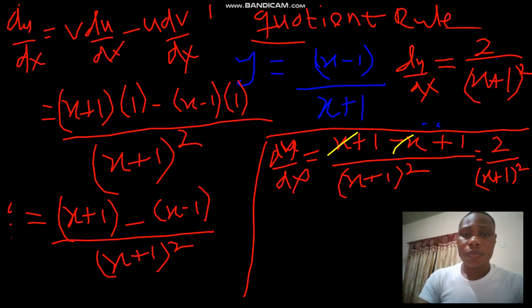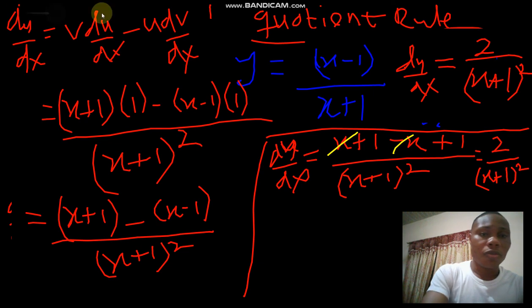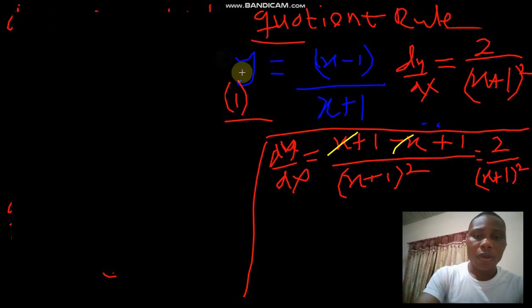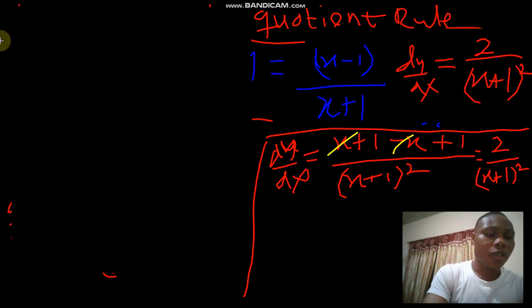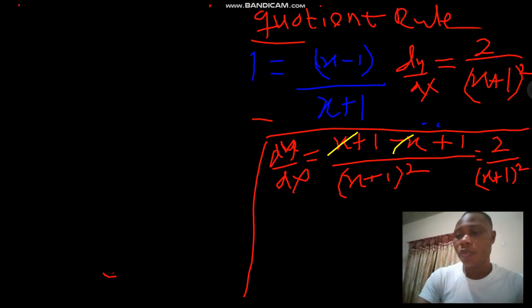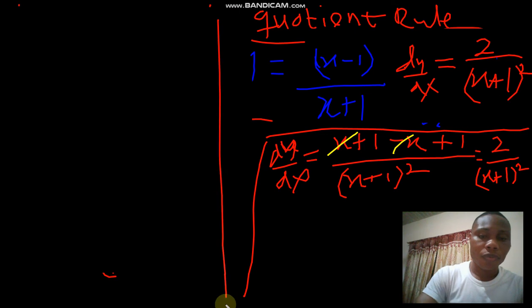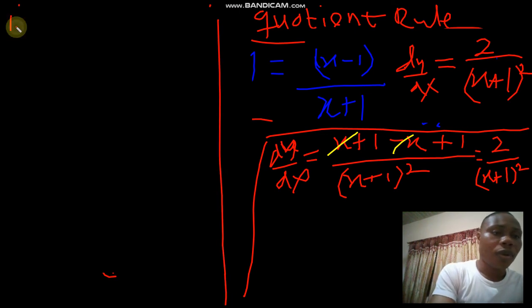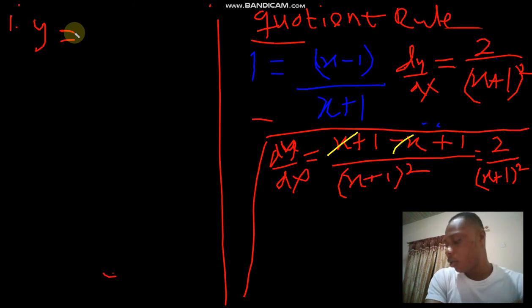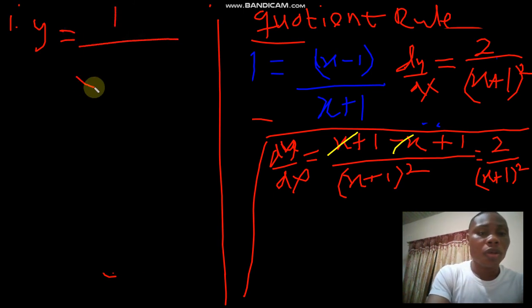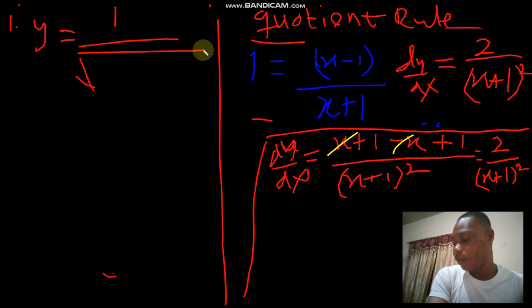Before I go ahead, you have solved 2 examples. I want to give you some tryout exercises. You also try one. What if you have y equal to 1 over the square root of 3 minus x?